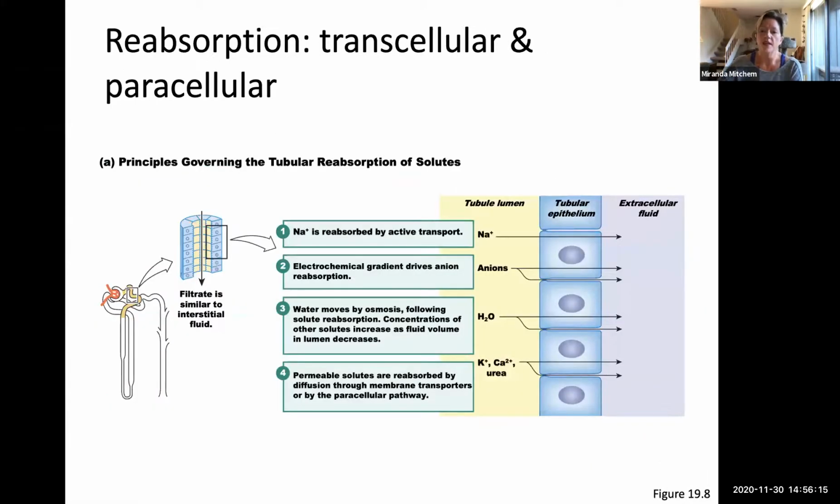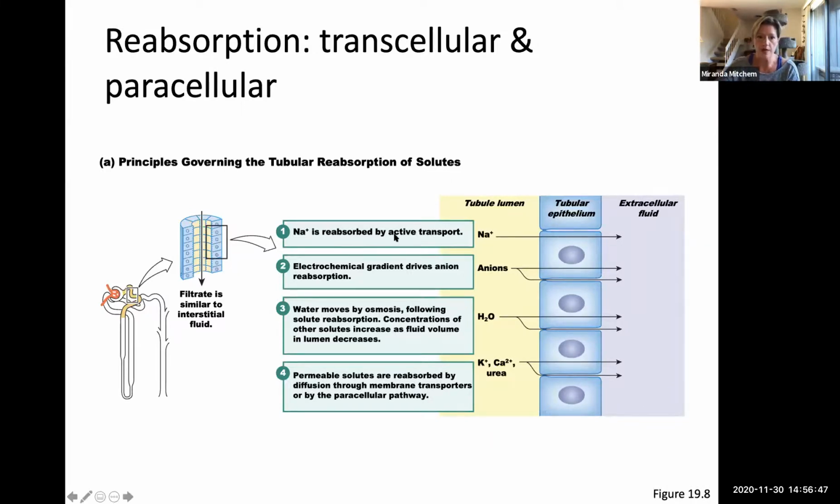All right. Now, we do have a number of different mechanisms by which material is able to be reabsorbed to our body. That is going from the tubule back through the epithelium, through the extracellular fluid, and then finally back to a blood vessel. But different materials move through different mechanisms. We've already learned about some of the different channels and pumps that are utilized to move our various ions.